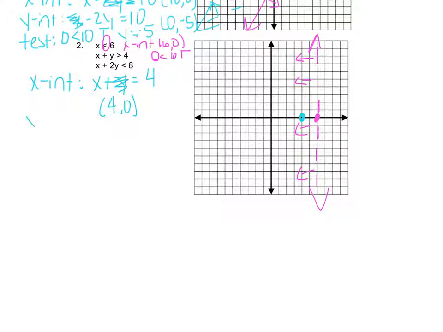And then y-intercept, x is 0, so y would be 4, so 0, 4. Don't forget, once you've plotted your two intercepts, make sure you look back at your inequality on the original. It says greater than, not equal to, so you will have a dotted line.